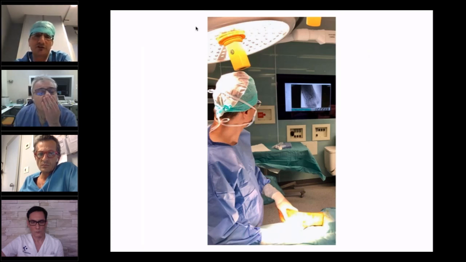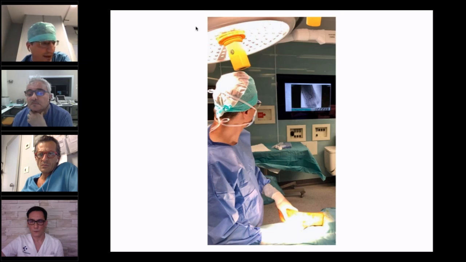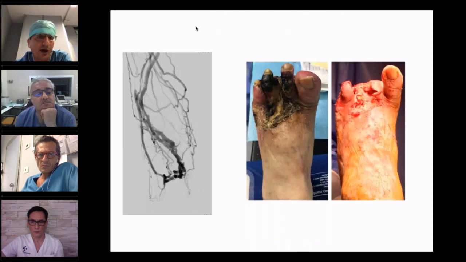And this is me in my operating theater during a minor amputation in a patient after a DVA. And as you can see, I always take a look at the angiographical imaging, because I base my tension-free surgery right on the angiographical imaging of the foot.